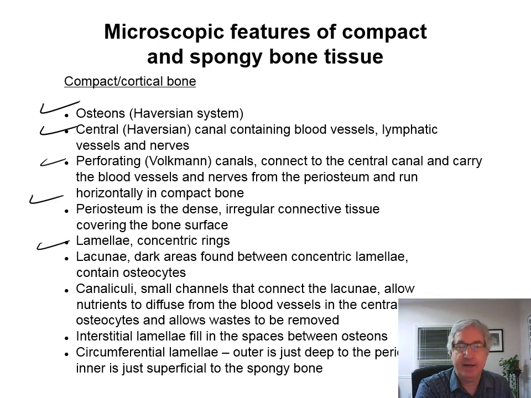Then you have little tiny areas, and these are places where you have osteocytes. In cartilage, you have chondrocytes that are in lacunae, and in bone, you have osteocytes that are also in lacunae. So osteocytes make their own little house inside of bone. You might start noticing a similarity between cartilage and bone.